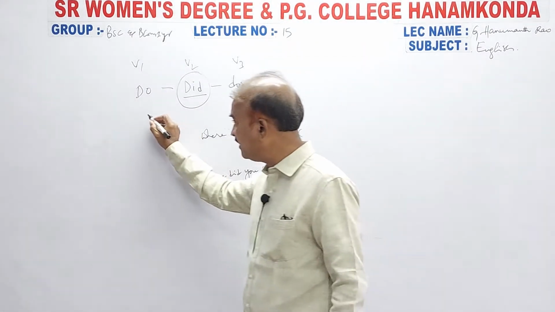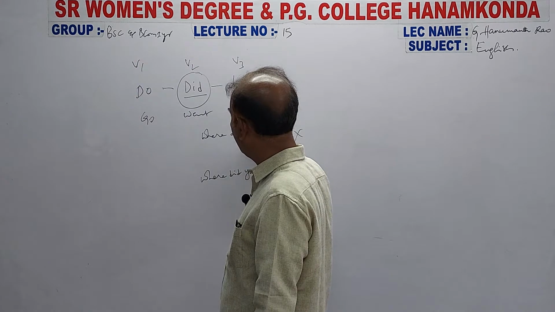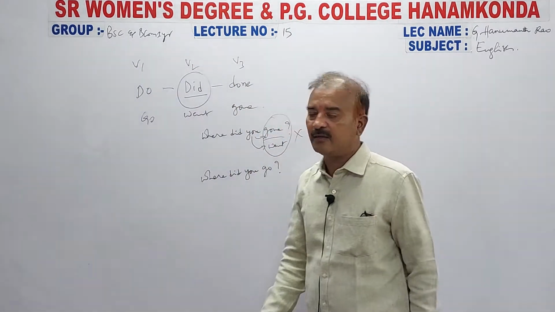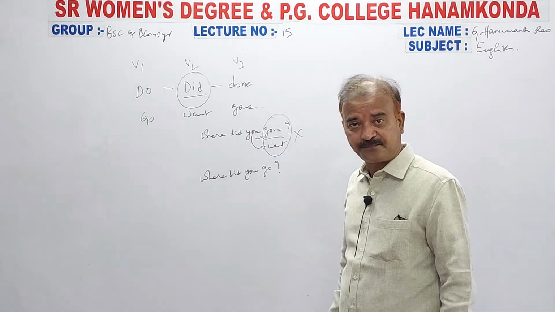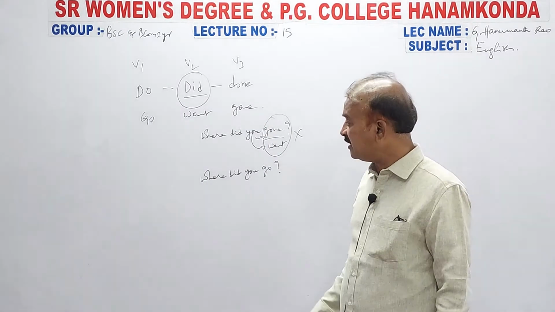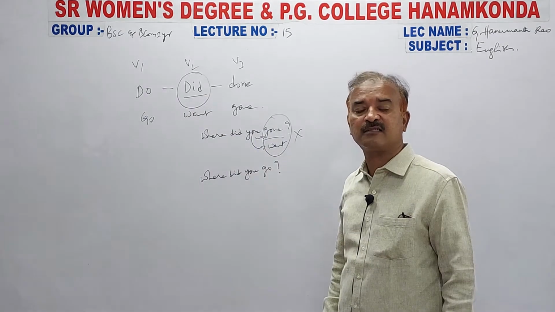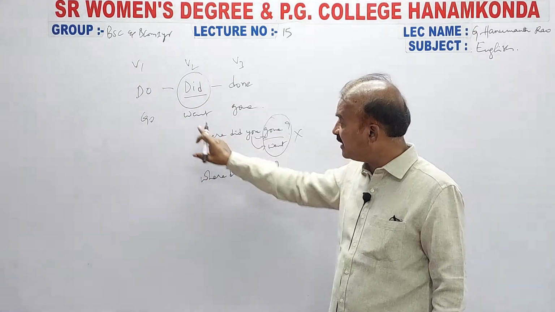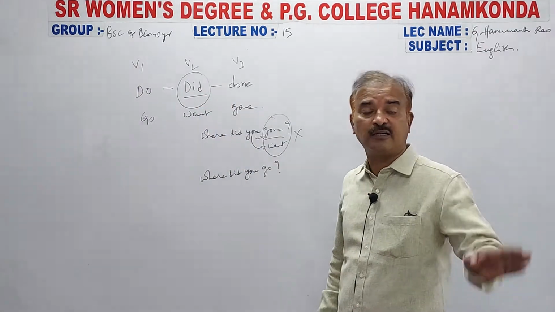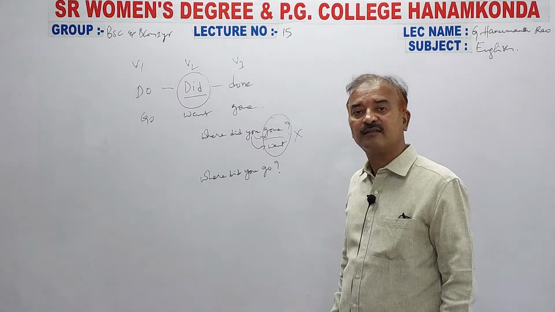For example, go, went, gone. Present tense, past tense and past participle. So did is past tense, went is also past tense. So where did you went? Double past tense in one sentence is totally wrong.